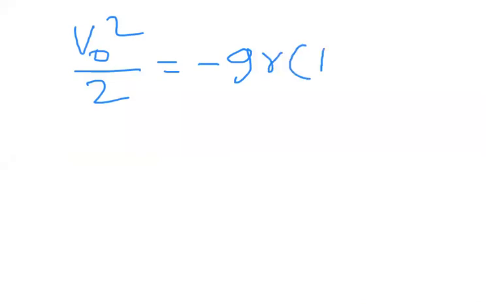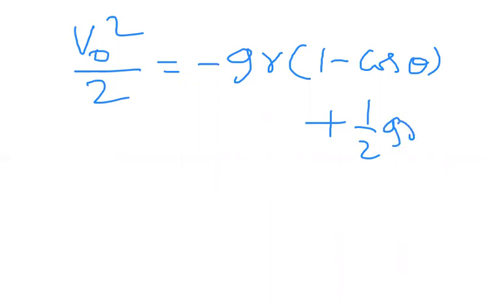You observe carefully. v naught square by 2 equal to minus g, h I can write as r into 1 minus cos theta, plus what I have again, half gr cos theta. This is the expression I got.